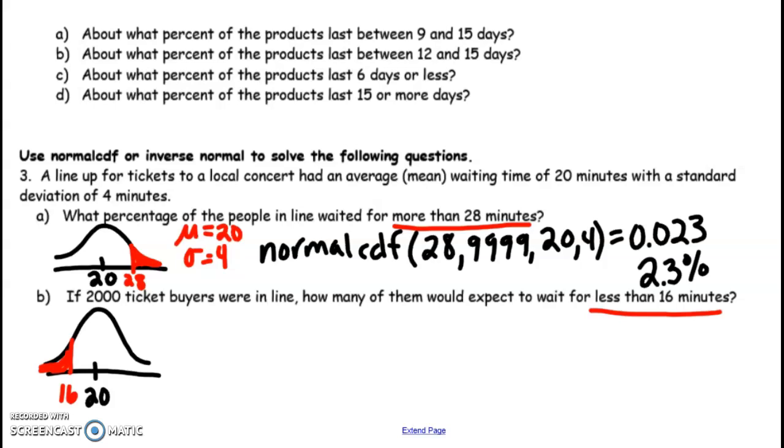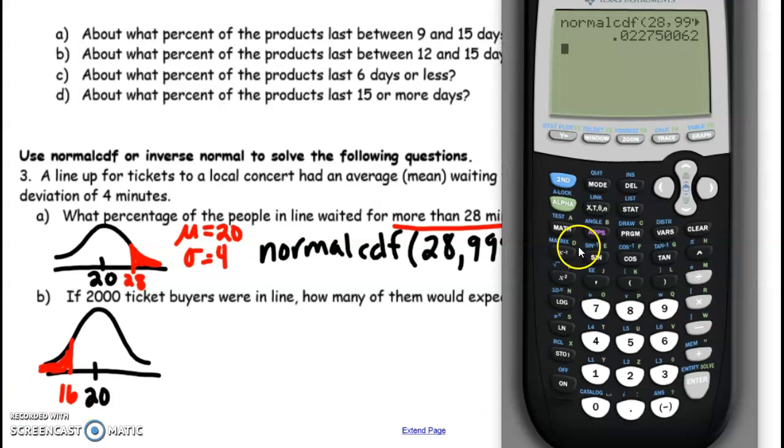So again, I'm going to go to normal CDF because I'm asked to find a percent. Second vars, normal CDF. My lower bound now is negative infinity. My upper bound, the furthest right my shading goes, is 16. And oh look, my mean and standard deviation are still in there from the last problem.